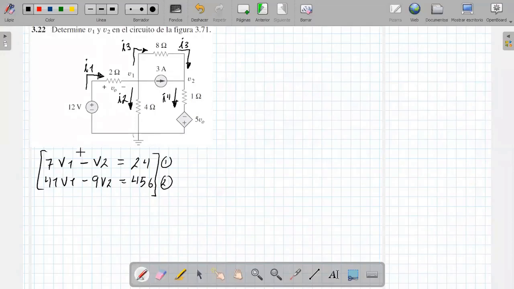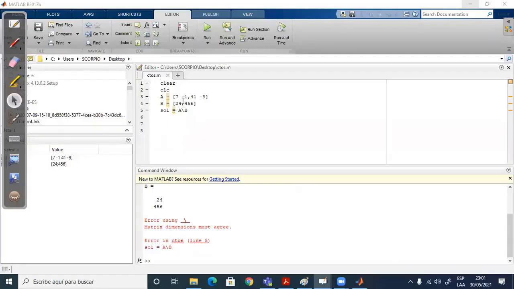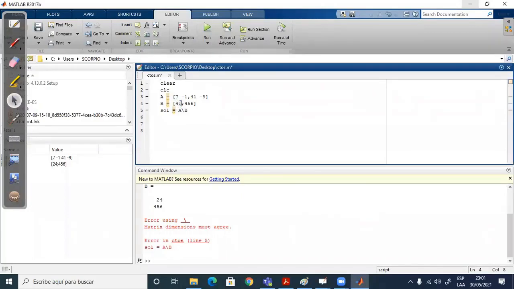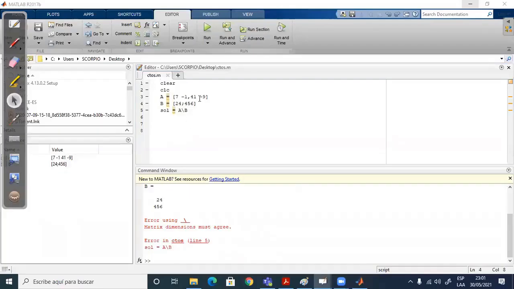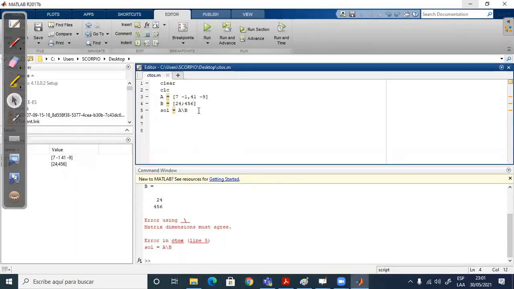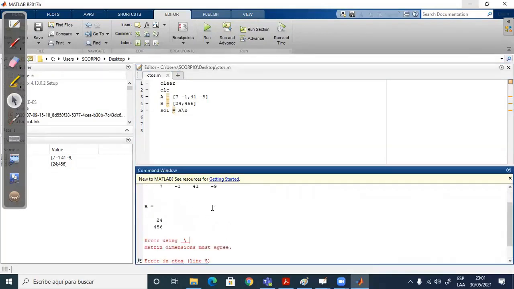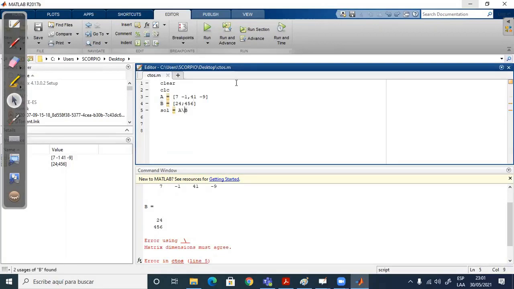Equation 1 is 7 minus 1 and 41 minus 9 is equation 2. Here I put 24, and the other one 456. So that there would be no error.